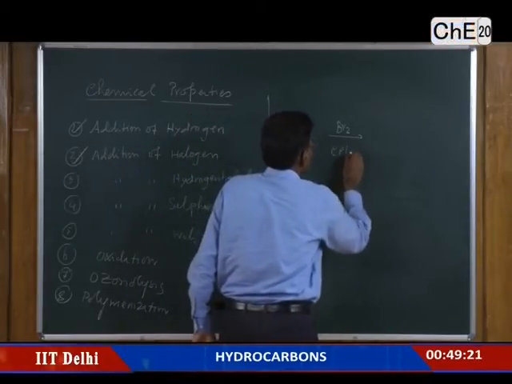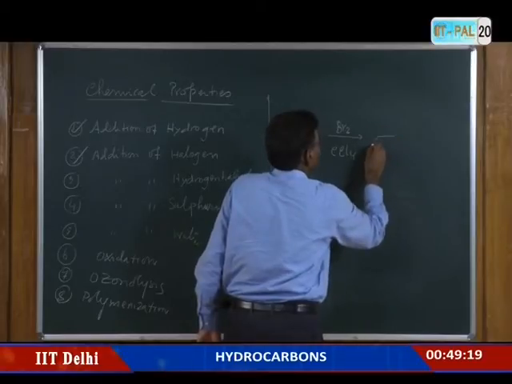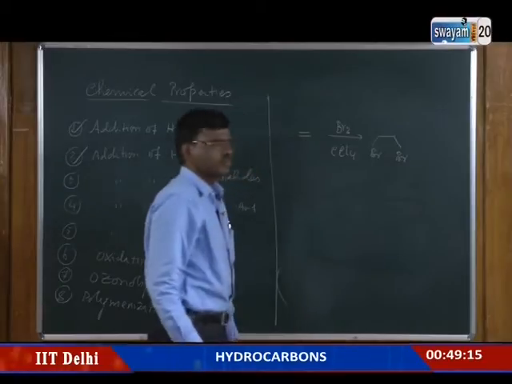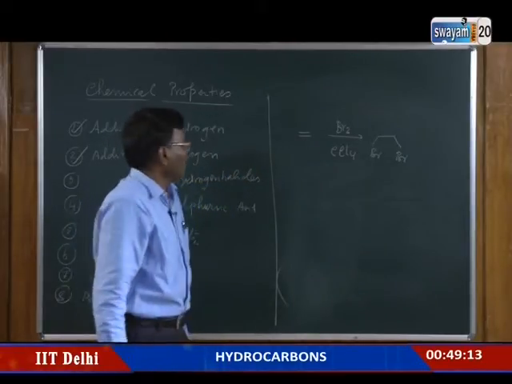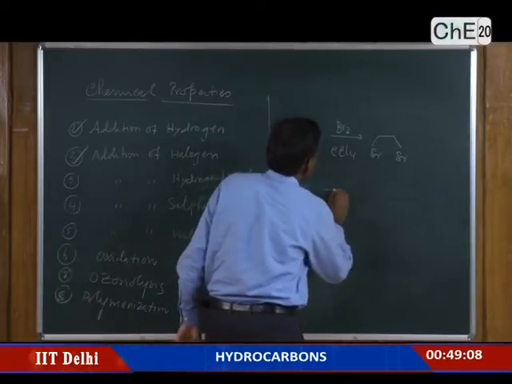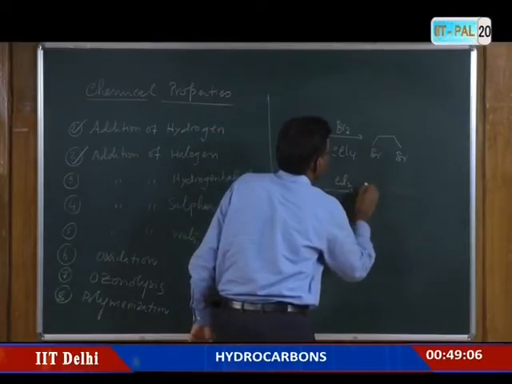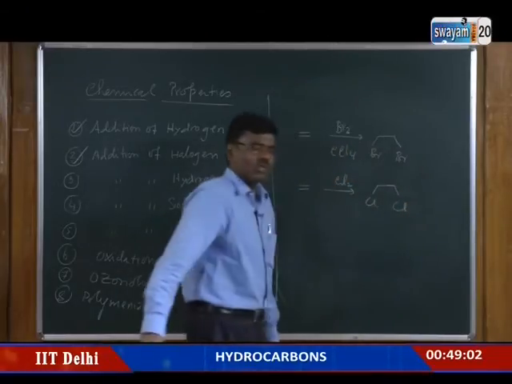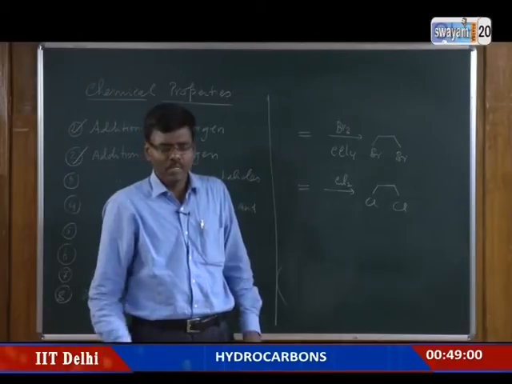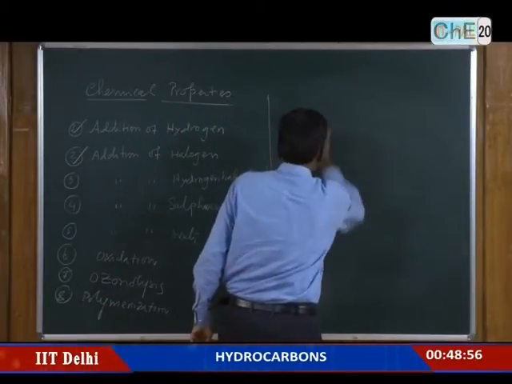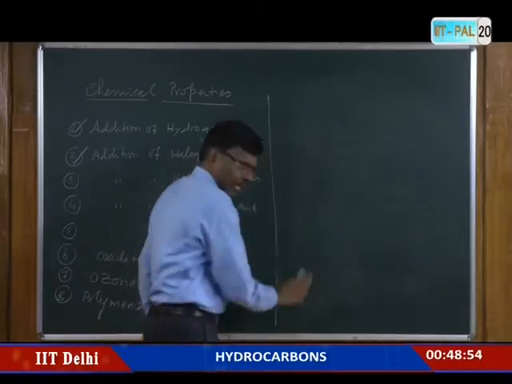When you carry out the reaction, the bromine undergoes addition to give the vicinal dibromo compound. And similarly, chlorine also can be added. You get 1,2-dihaloalkanes.